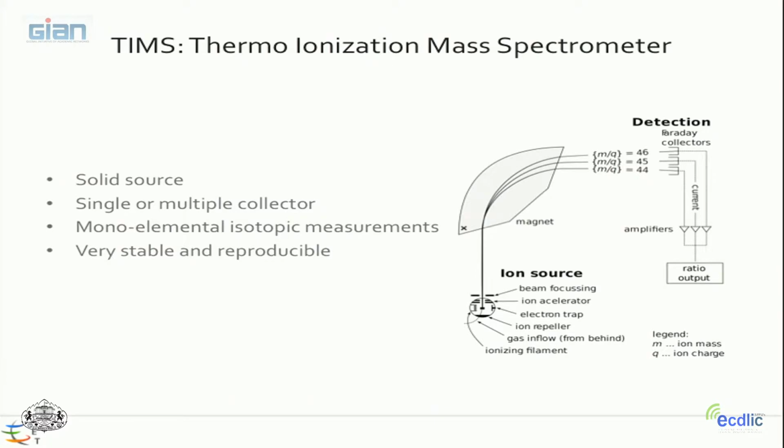Thermo-ionization mass spectrometers are known to be very stable and very reproducible because you control everything. You control the temperature, the focusing, the electric field, the magnetic field, and you are calibrating the response of your collector. Of course, all this should happen in a very, very good vacuum.